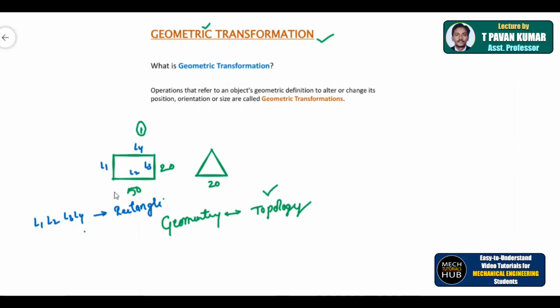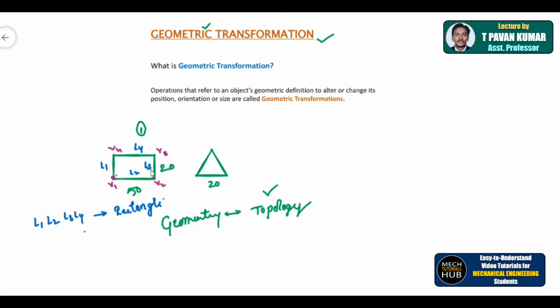Then what does topology mean? The relation. If these are 4 lines, then these points are V1, V2, V3, V4, the vertices. Topology gives you the relation between 2 links, or between 2 planes, 2 vertices, 2 edges. Unless you have this vertex point, it can never be called a rectangle.